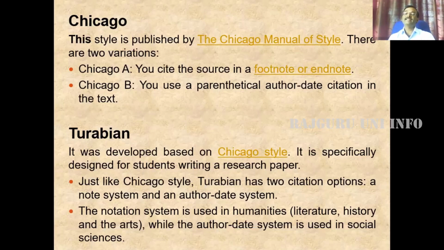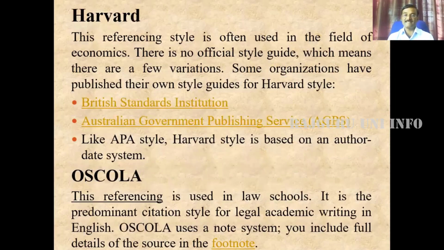And even Turabian has two citation options, one is a note system and the other is author date system. The notation system is used in humanities, especially literature, history and the fine arts, while the author date system is used in social sciences.